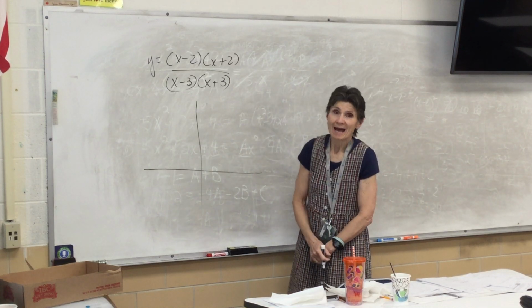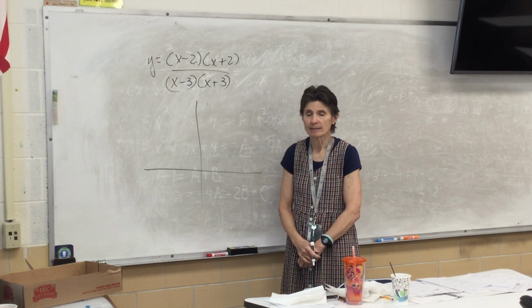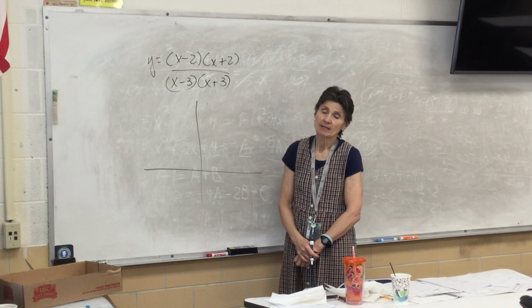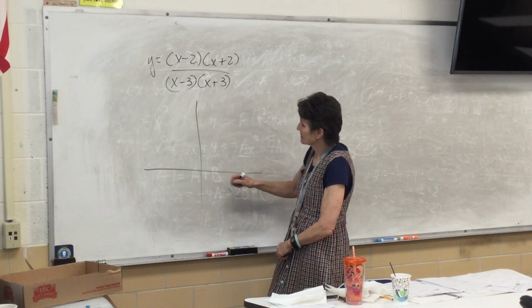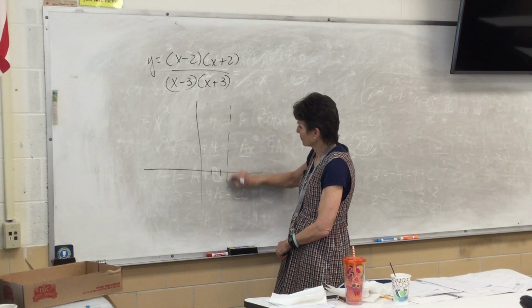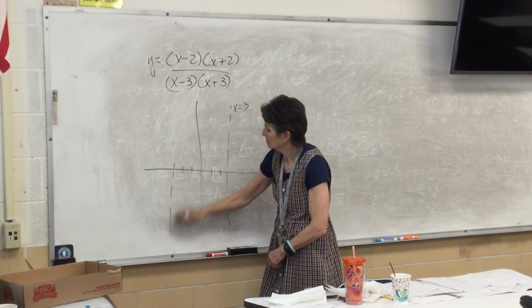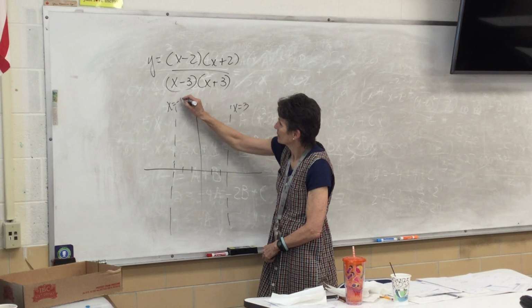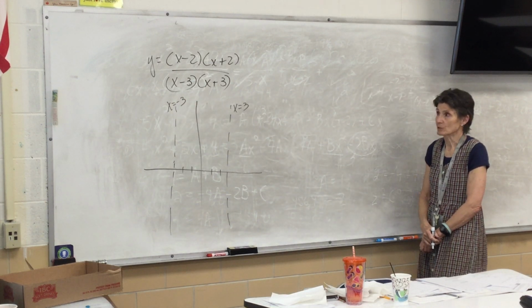The vertical asymptotes, remember, happen when the function is undefined. And you get to be undefined by having a 0 in the denominator. So the things that would give me a 0 down there are 3 and -3. There are my vertical asymptotes.